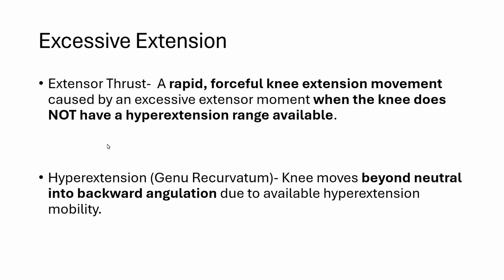Meanwhile, in hyperextension, which we know as genu recurvatum, the knee moves beyond neutral into backward angulation due to available hyperextension mobility. These are very small differences in terminology, but functionally, extensor thrust is basically an early sign, with true hyperextension occurring later as the pathology worsens or the stance demands increase.